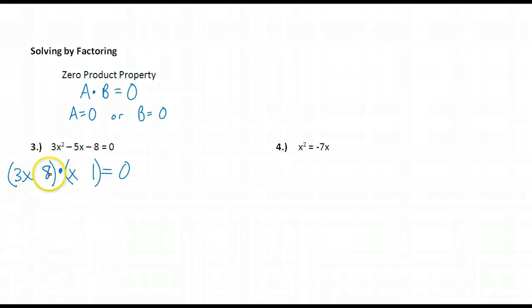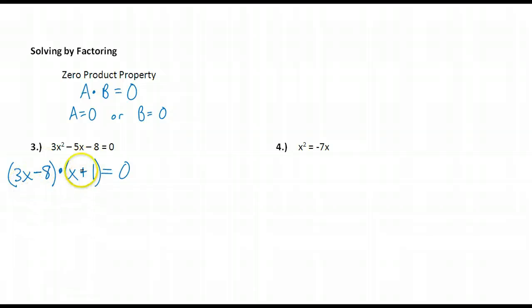And 3 and 8 can turn into 5. And I need a negative 5, so I want this 8 to be negative and this 1 to be positive. Now if I FOILed, I would have 3x squared plus 3x minus 8x, which would give me negative 5x minus 8.